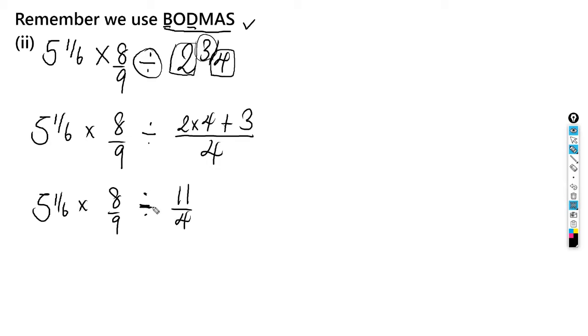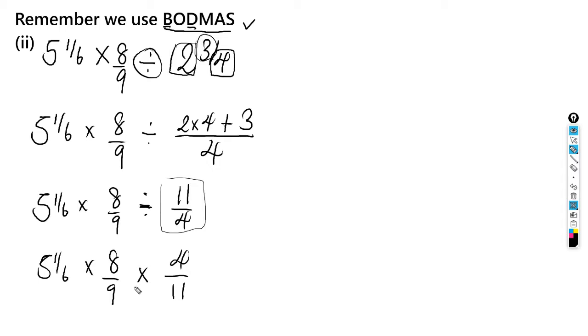So we need to flip the right side, which is this here. So we're going to get 5 and 1 over 6 multiplied by 8 over 9 multiplied by 4 over 11. Cool. So you notice we're in a much better position now to solve this question because we followed the rules.